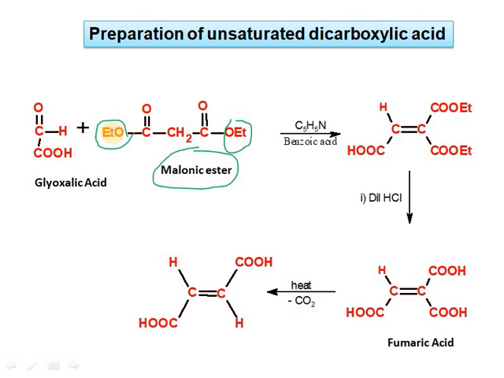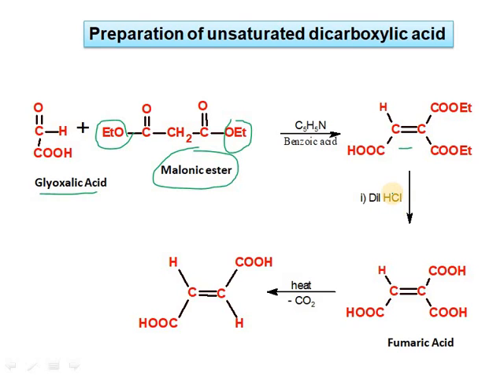So both ethoxy groups are there, and the reaction can take place with glyoxylic acid. Pyridine is a weak base. This base can pick up the proton from this carbon, and this carbanion attacks this aldehyde and replaces the water molecule to form an unsaturated molecule like this, right?